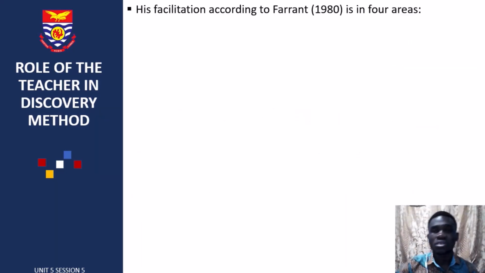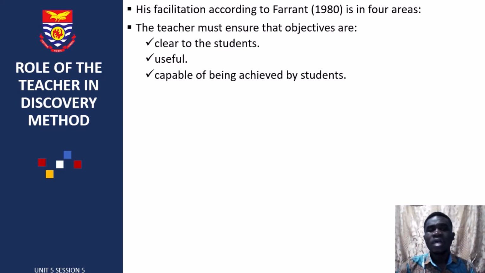So, according to Farrant 1980, your facilitation is in 4 areas, like we mentioned earlier. The first role is that as a teacher, using the discovery method of teaching, you must ensure that your objectives are clear to the students.